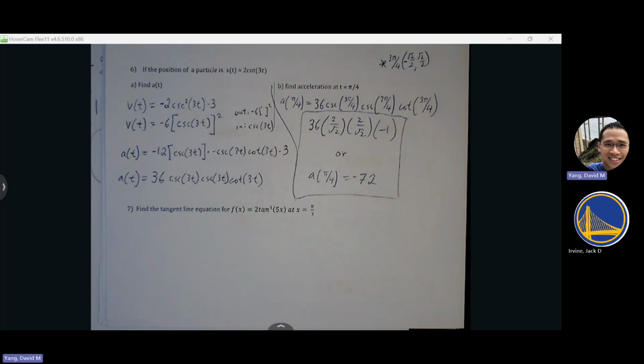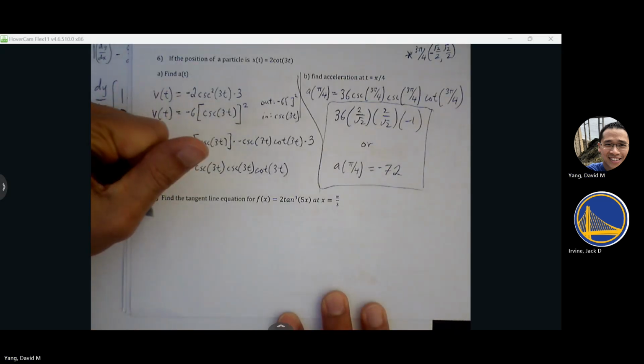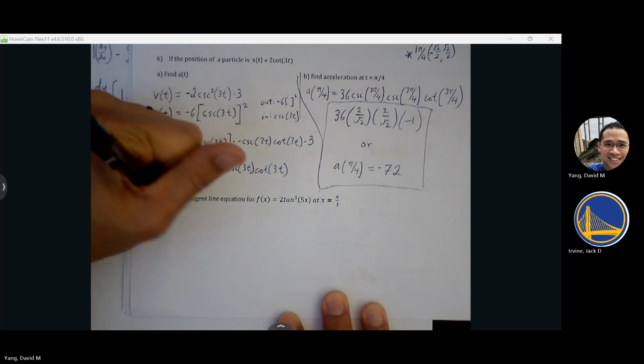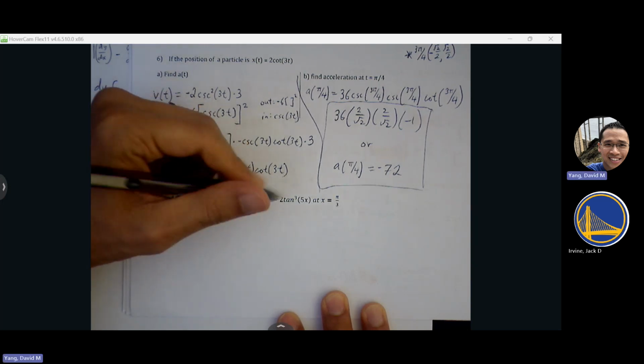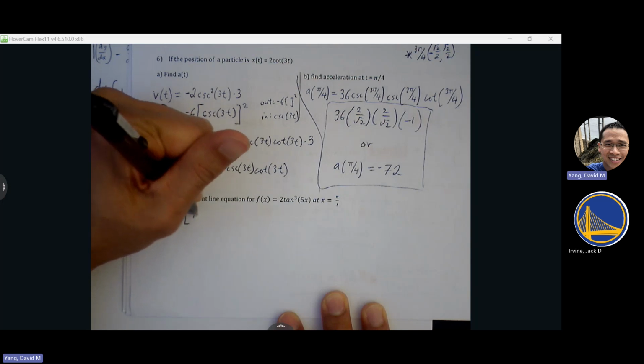Okay, number 7, find the tangent line equation for 2 tangent cubed 5x at x equals pi over 3. Find the ordered pair from the function, and then find the slope from the derivative. We get that exponent outside a set of brackets.